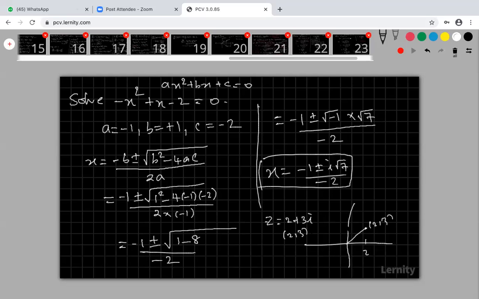This is called the Cartesian form of representing a complex number, because I am taking the x-coordinate and y-coordinate. The polar form of representing a complex number is not in our syllabus. That is deleted.